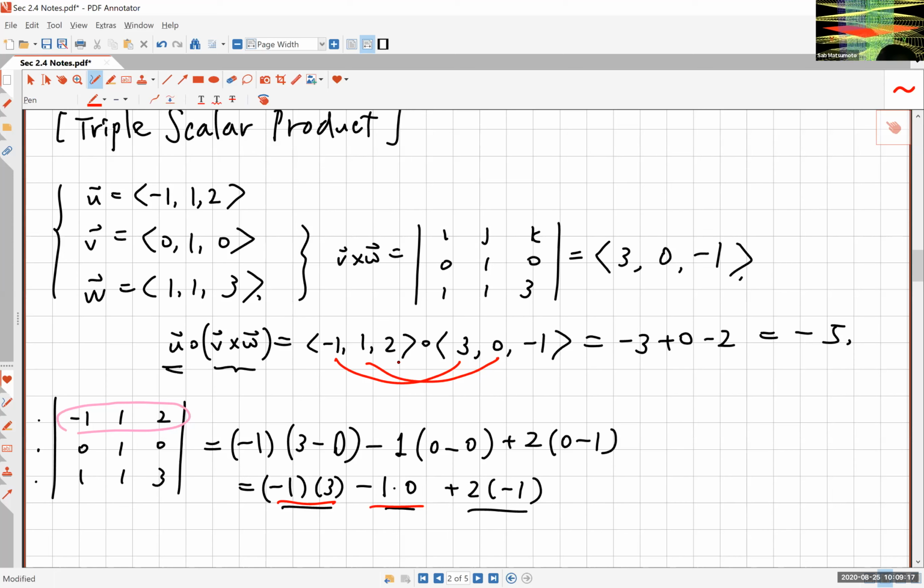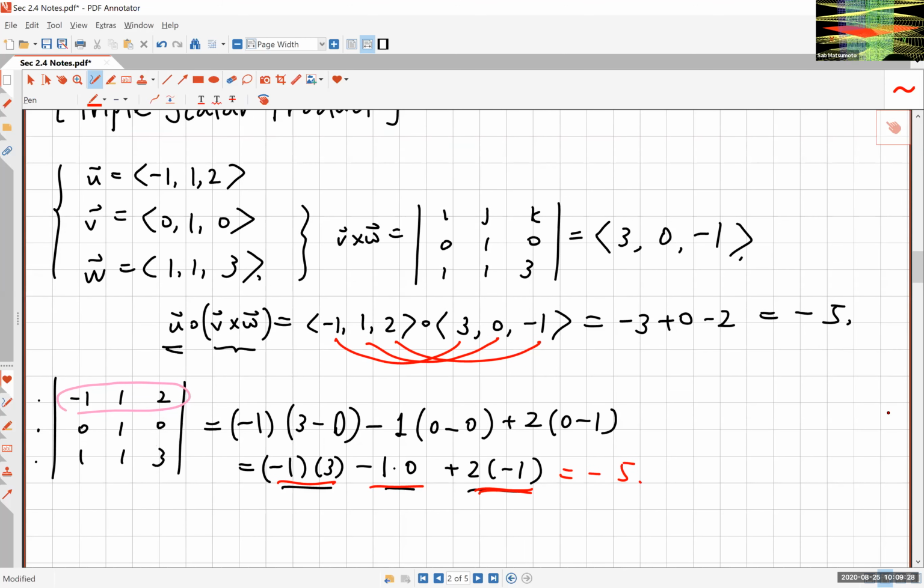And then the last one, 2 times negative 1, right? And so that is negative 5. What I'm trying to say is that the triple scalar product is nothing more than the determinant of this 3 by 3 matrix. And I'm going to tell you what's so important about this.